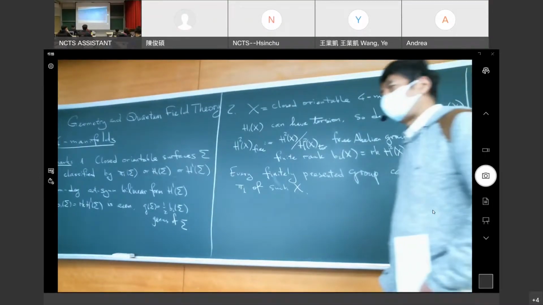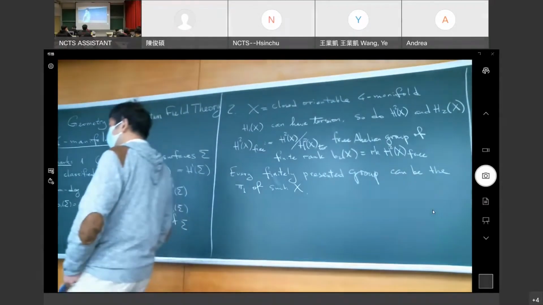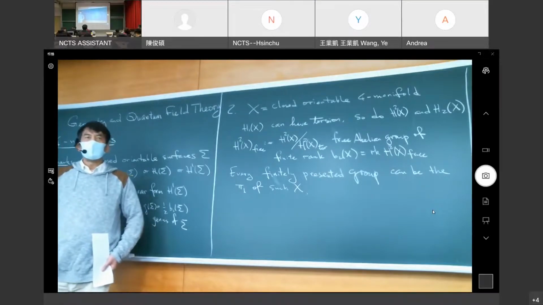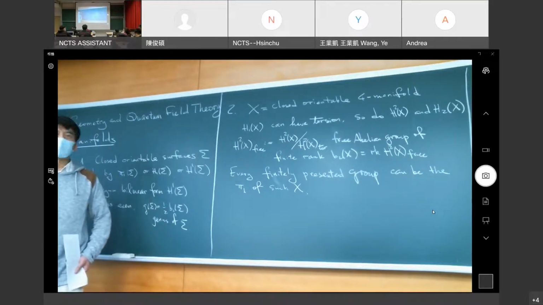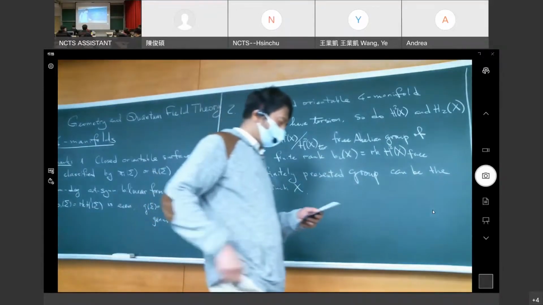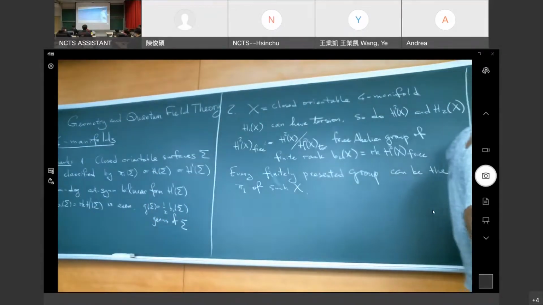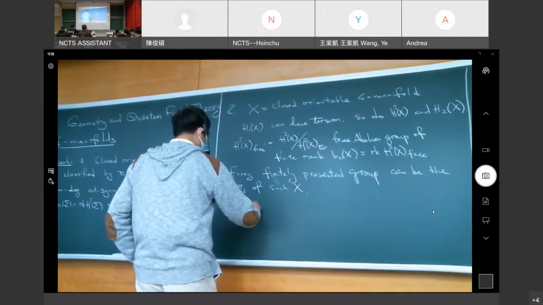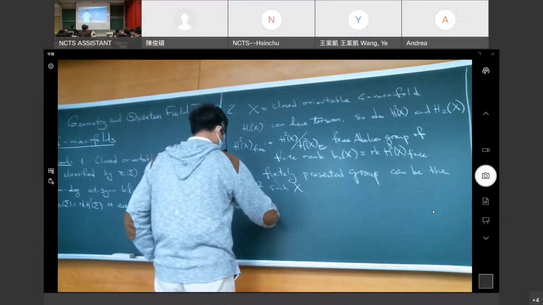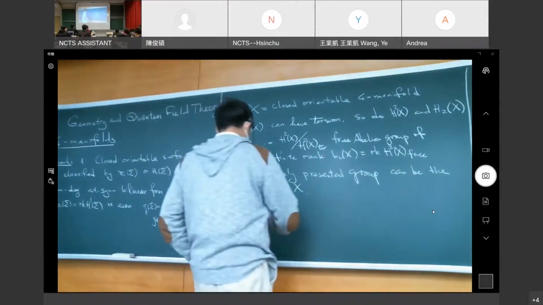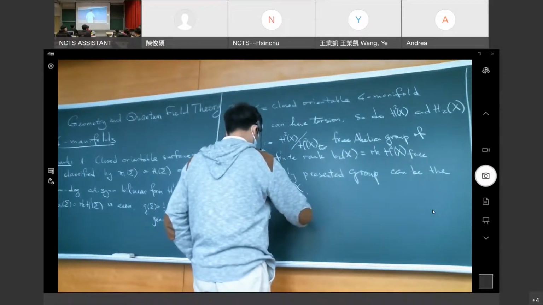And usually in the theory of four-manifolds, at least according to the present status, we are only going to be concerned with simply connected four-manifolds. Now, for which is already a very rich story.